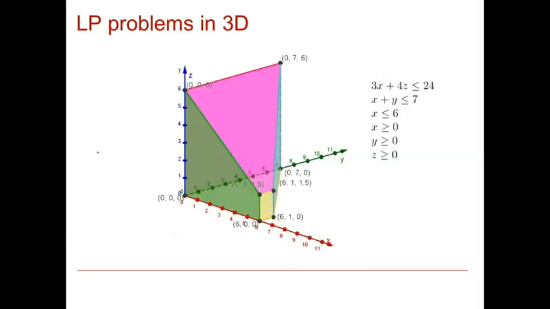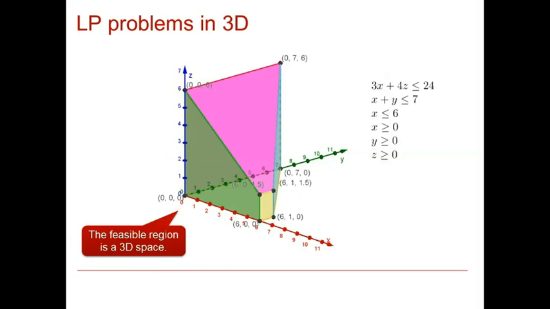So if we look at this linear programming problem here, we would have to draw all these equations graphically in order to be able to solve the problem. Solving this linear programming problem graphically would involve drawing many planes, as we can see here.